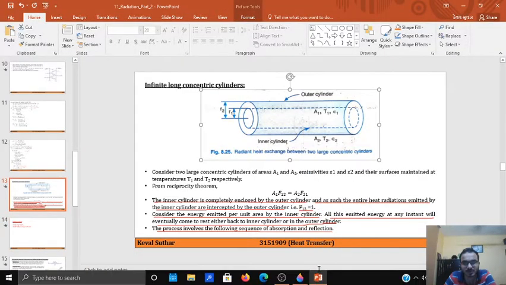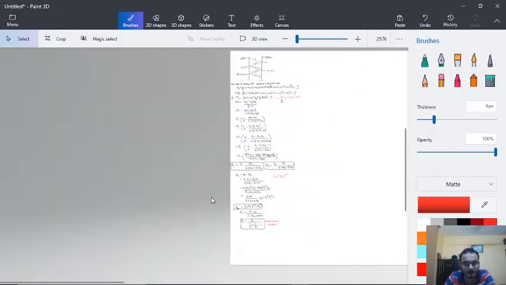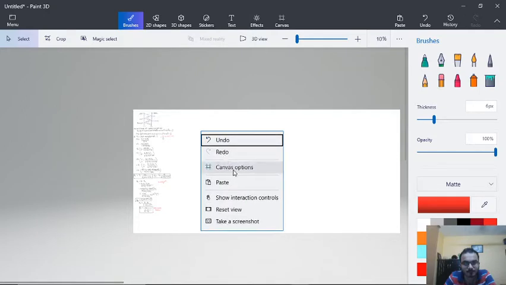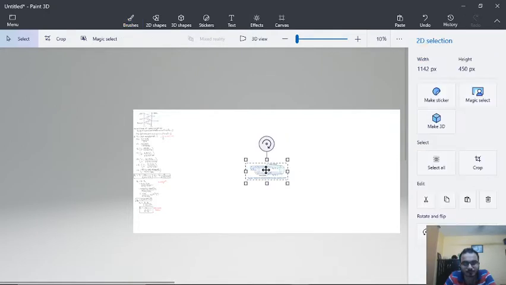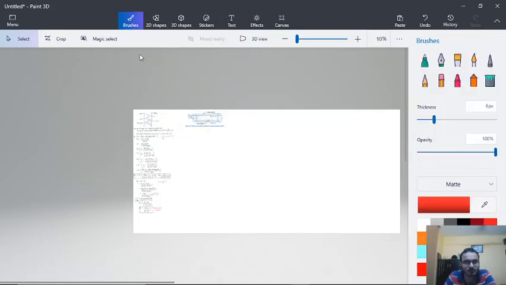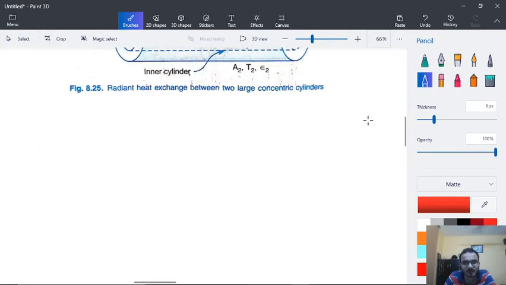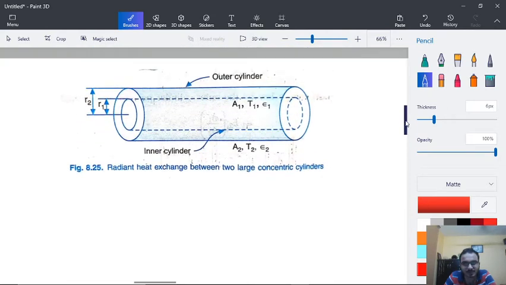So let's first copy this. Now this derivation is slightly complicated, so we will be spending more time on this.